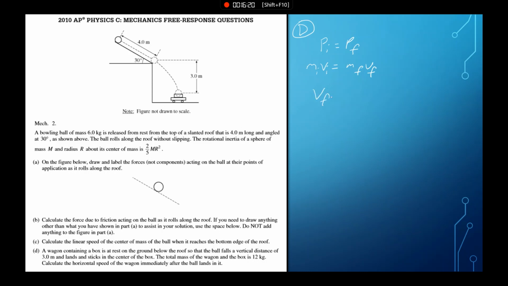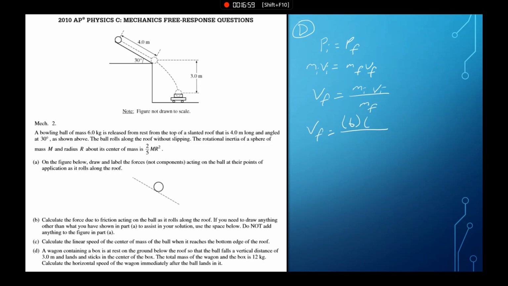So V final is equal to initial mass times velocity initial divided by final mass. Okay, and we're ready to sub in. So I've got our final velocity is equal to, what's the initial mass? Initial mass is 6.